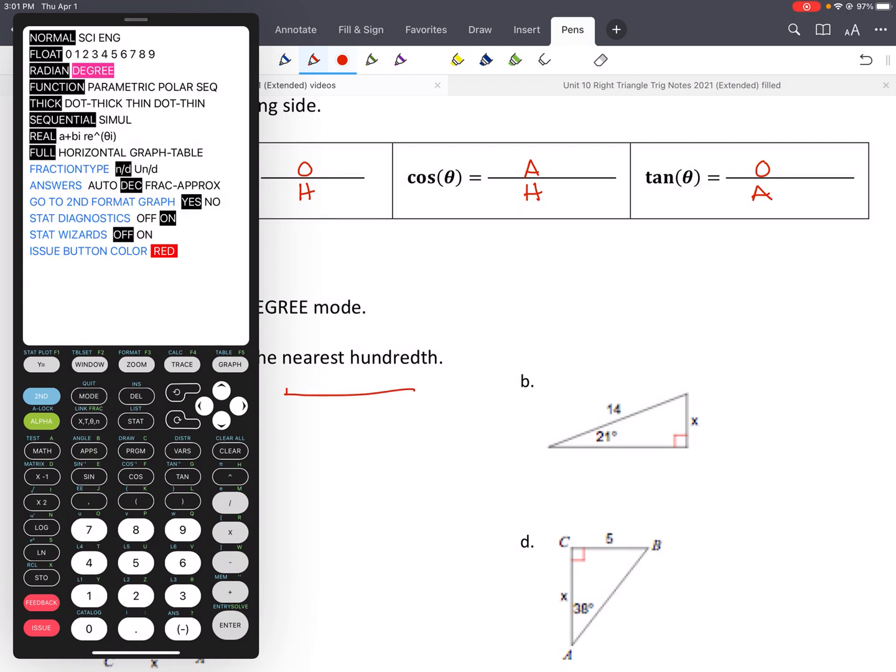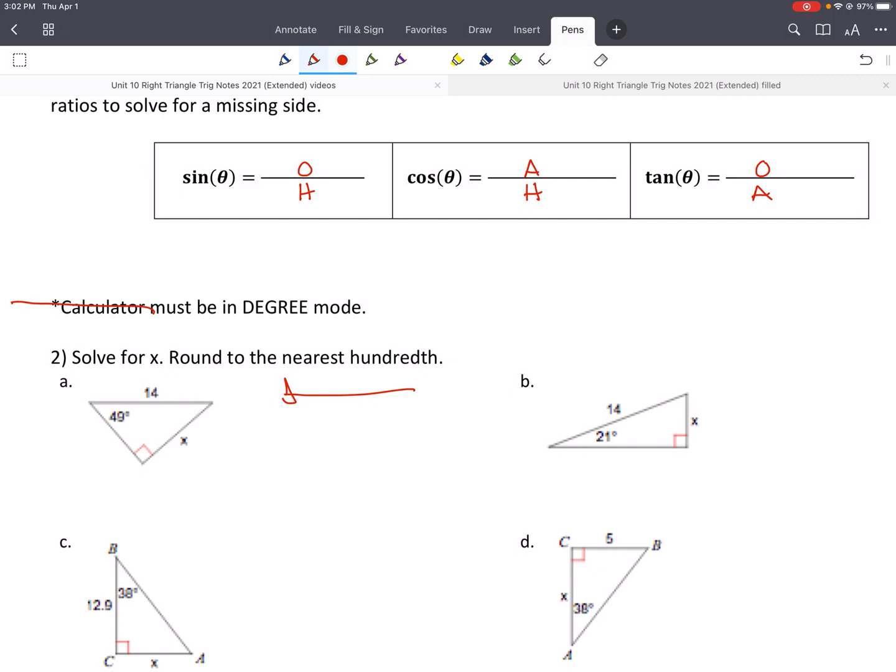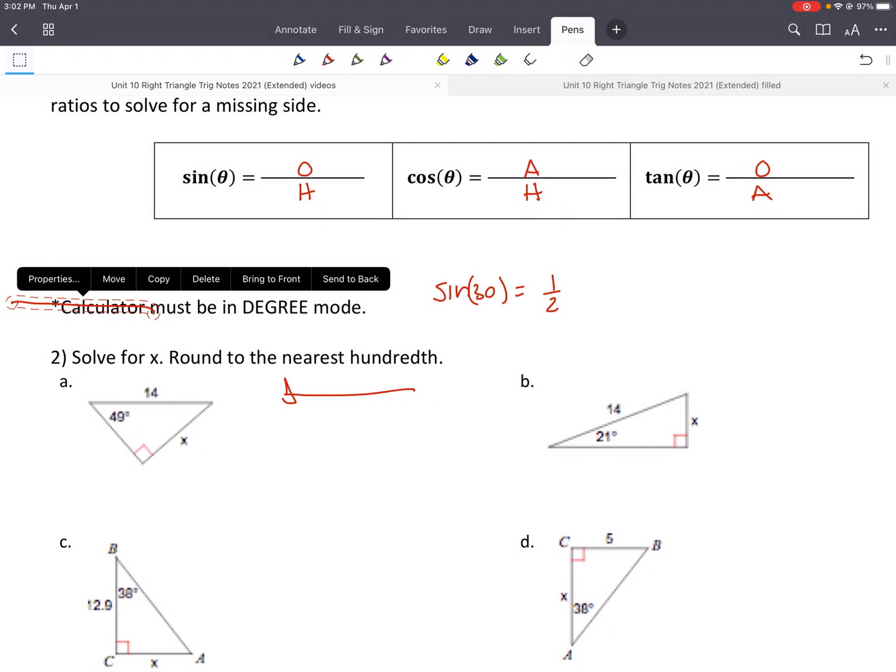Then you'll go down, and mine is set on radians, so I need to push over and then push enter, and it will change it to degrees. Then once you calculate stuff, it'll be in degrees. So make sure you have that set up. A good way to check that is sine of 30, and that should be equal to 1/2 or 0.5. All right, so let's do some problems.